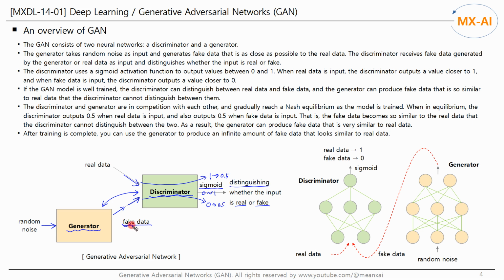That is, the fake data becomes so similar to the real data that the discriminator cannot distinguish between the two. As a result, the generator can produce fake data that is very similar to real data. After training is complete, you can use the generator to produce an infinite amount of fake data that looks similar to real data.